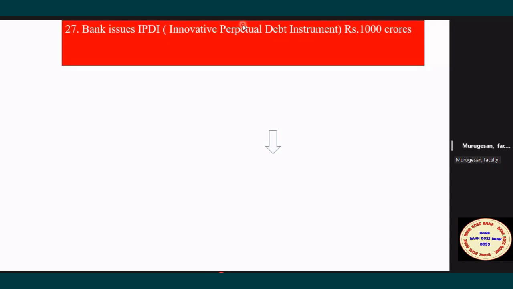Can you visualize a deposit received? Received rupees 10,000 for a period of 3 years and the rate of interest is this, like that. You have to issue the receipt. But perpetual bonds will not have a prefixed maturity period. That is why it is called a new innovative instrument.